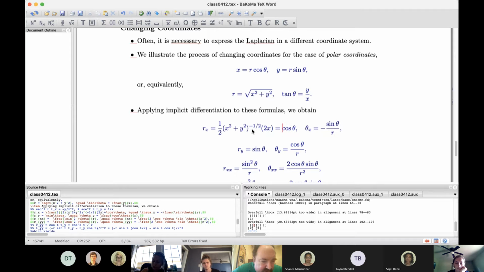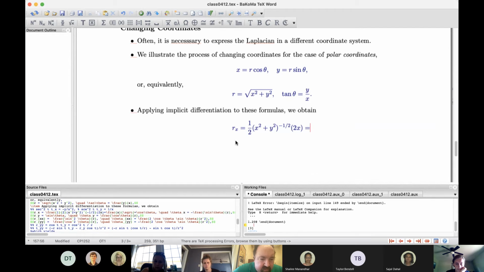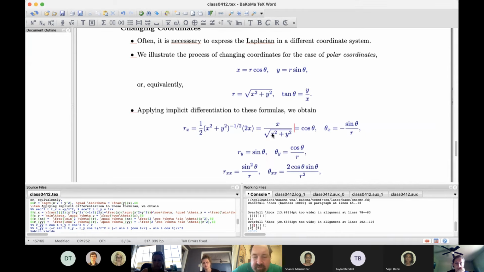Now, if I simplify that, that gives me this. But I want to express that in polar coordinates. Well, x is r cosine theta.